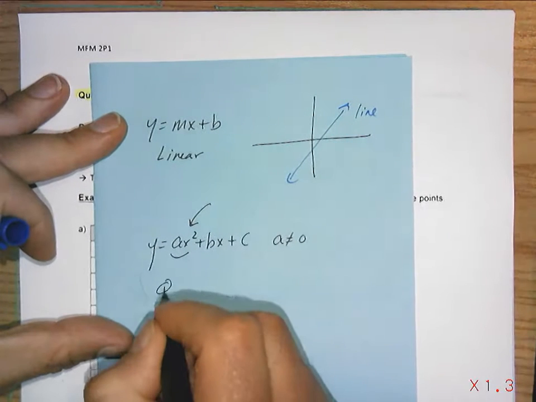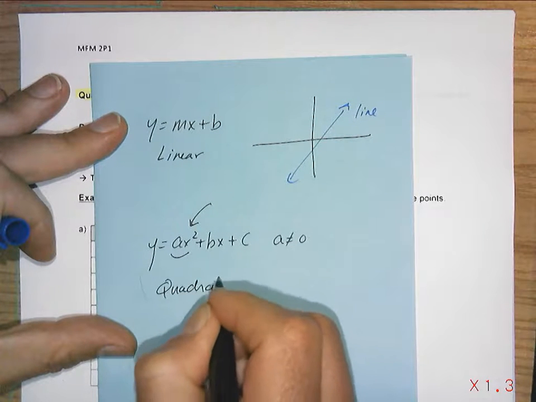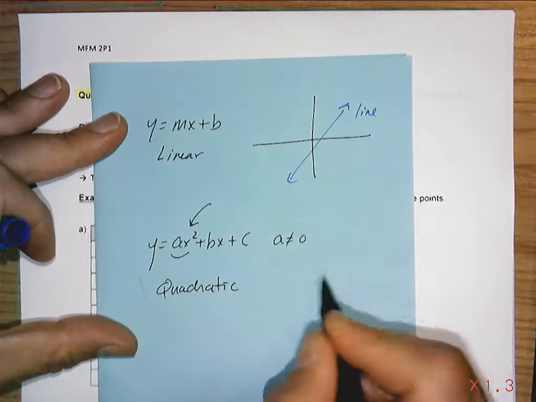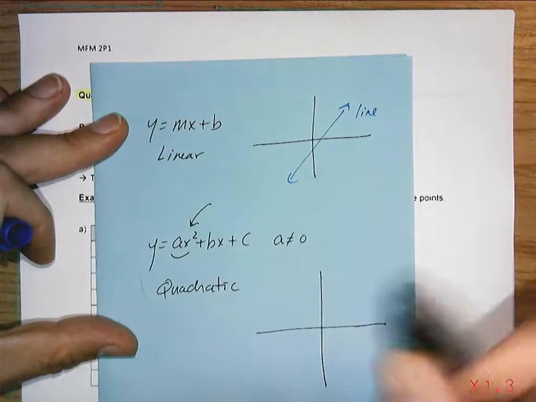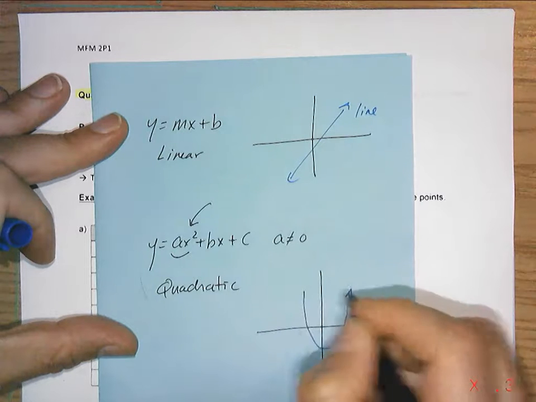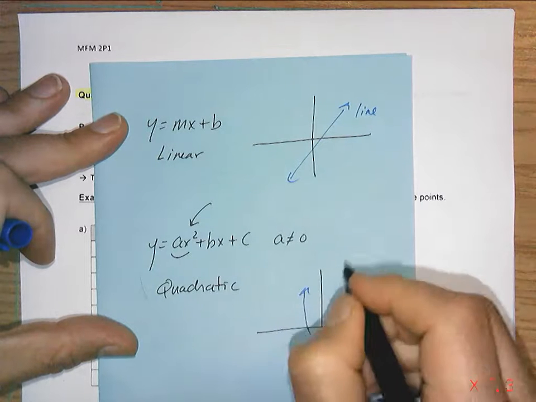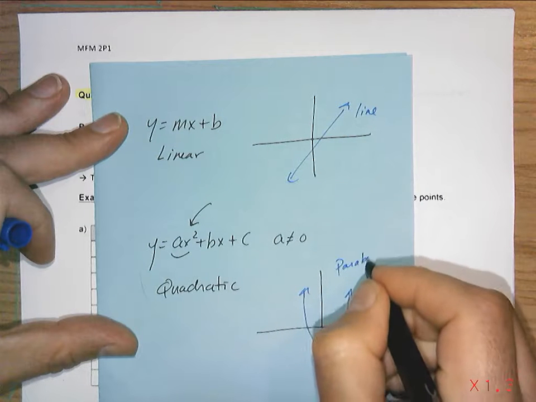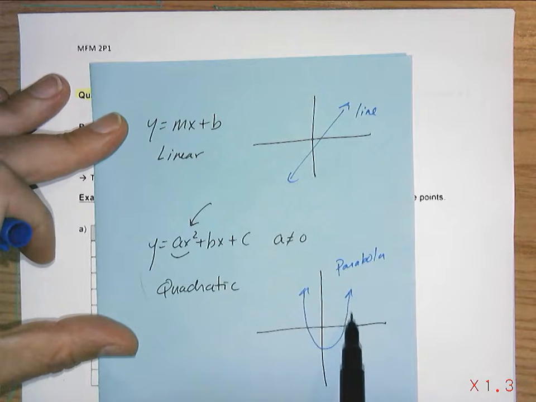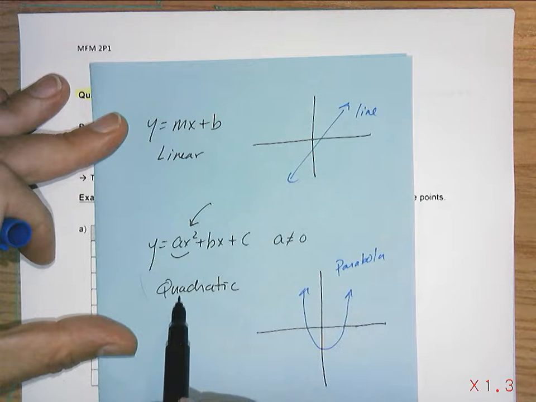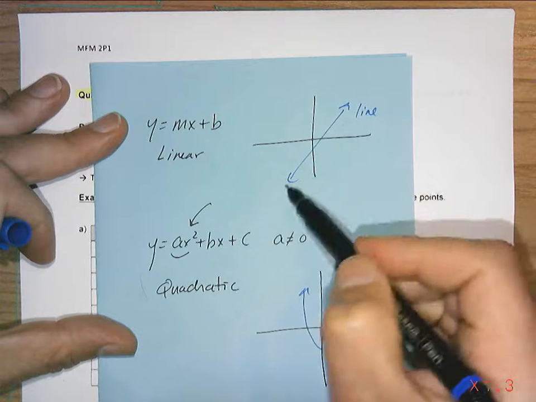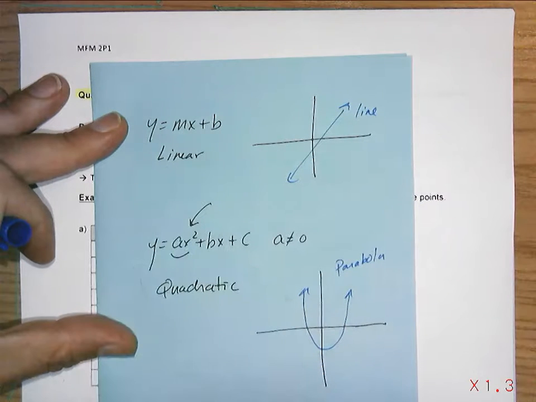We call that a quadratic relation. And when we sketch it, we're going to get what's called a parabola, which is a symmetric U-shaped graph. So the picture is called a parabola. The equation is called quadratic. The picture is called a line. The equation is called linear. Okay, so that's pretty much what it all boils down to.